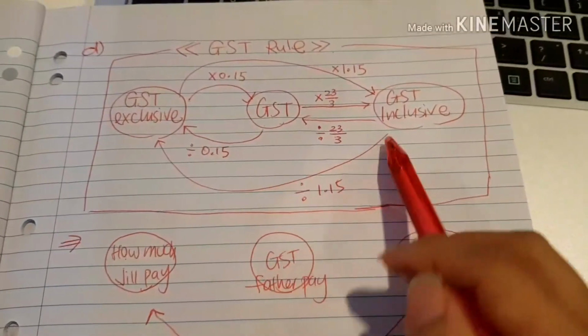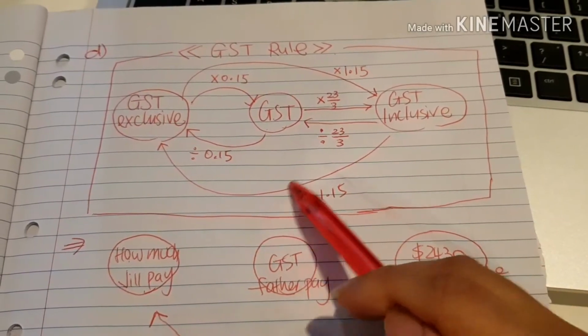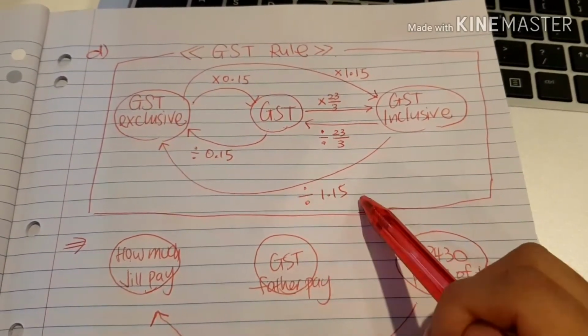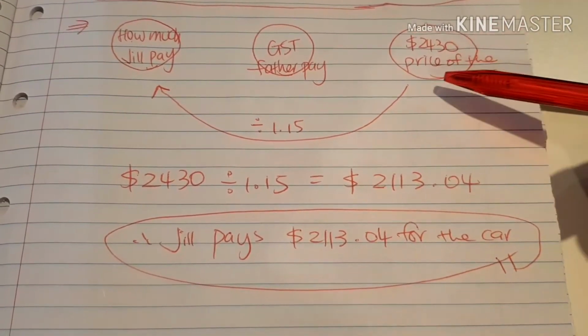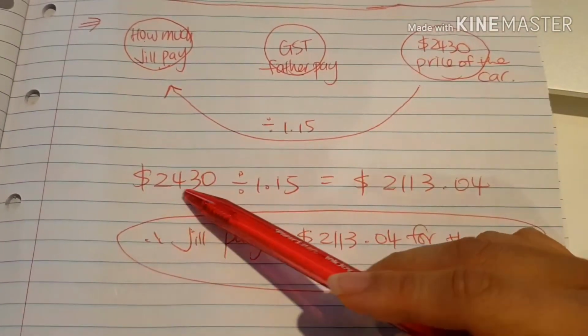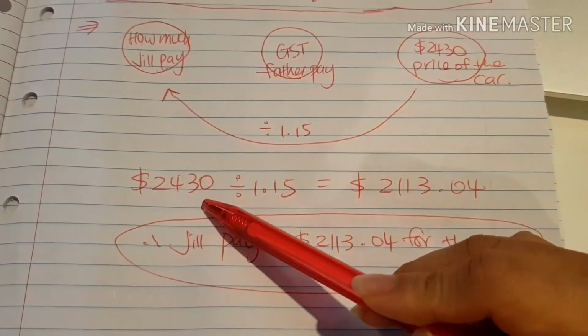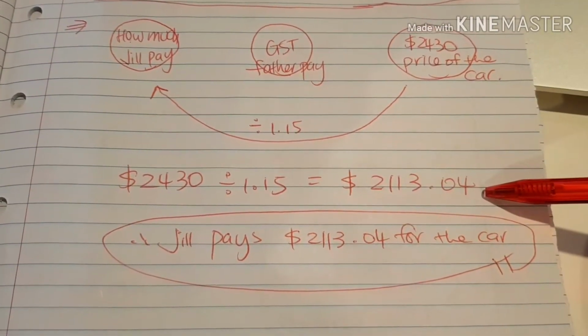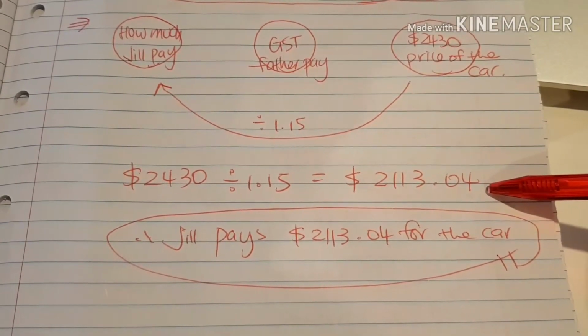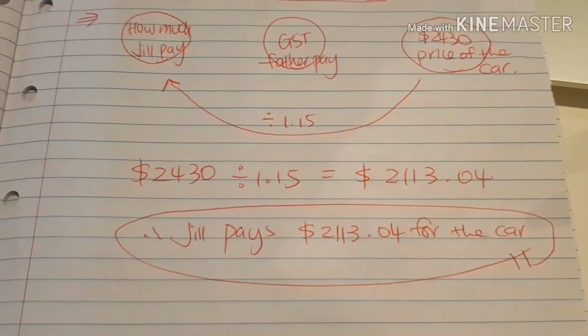So what do I have to do? I need to divide it by 1.15. So here you go, I've got 2,430 divided by 1.15, and I'll get the GST exclusive price which Jill has to pay.